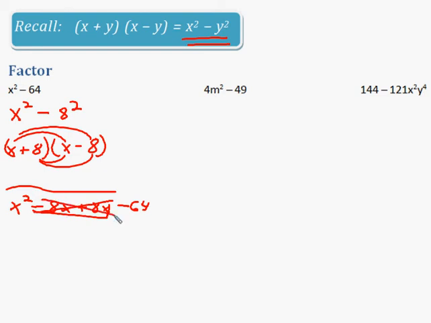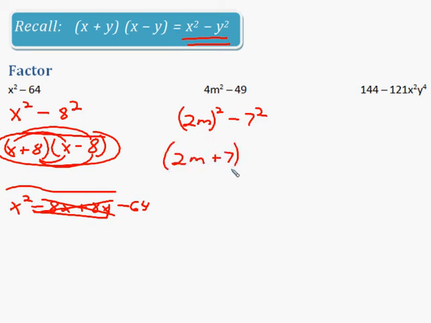So this here would be our answer, x plus 8 times x minus 8. And so it fits that form. This next one here is a difference of squares. If we want to, we can write this as 2m squared minus 7 squared. And so it's easy to see this would be 2m plus 7 times 2m minus 7.